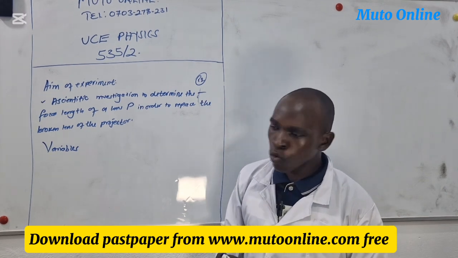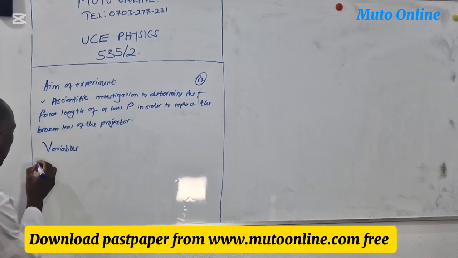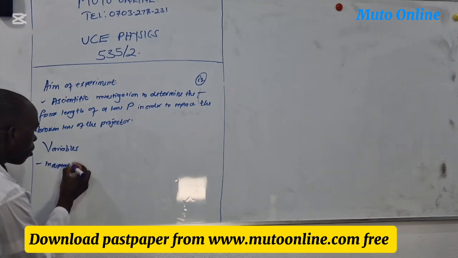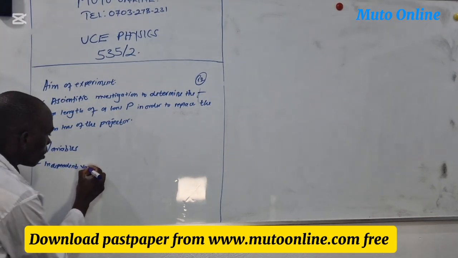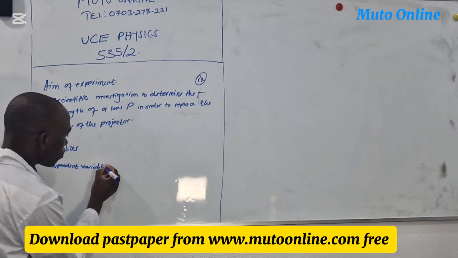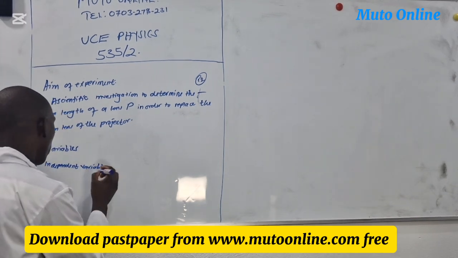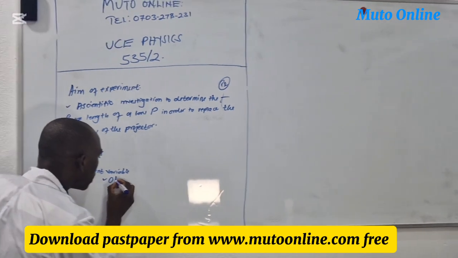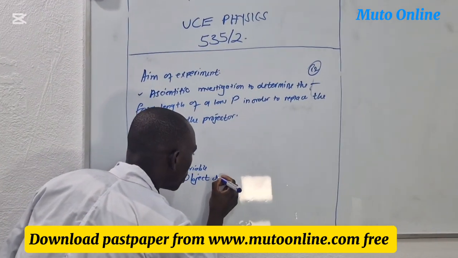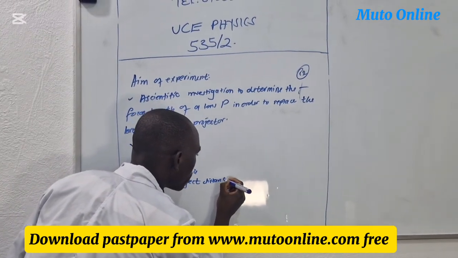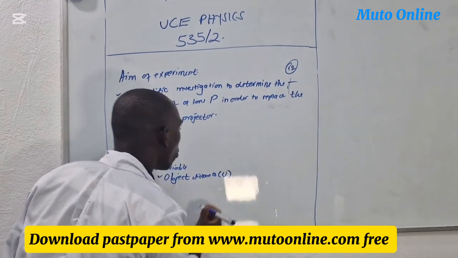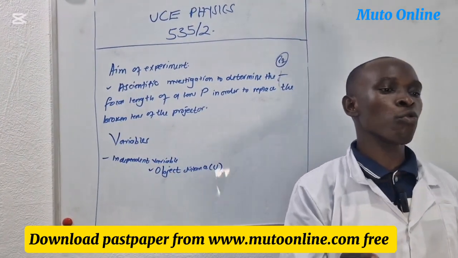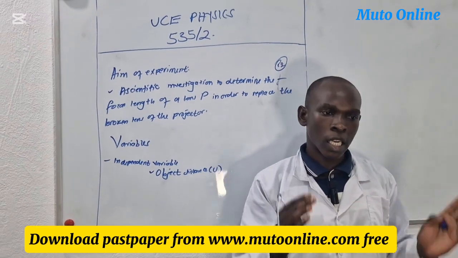Now, variables, we have the independent variable. According to this experiment, the independent variable is the object distance, and we can call it U. This object distance is just the distance between the cross wires and then the lens.